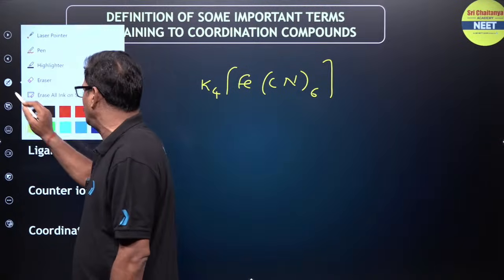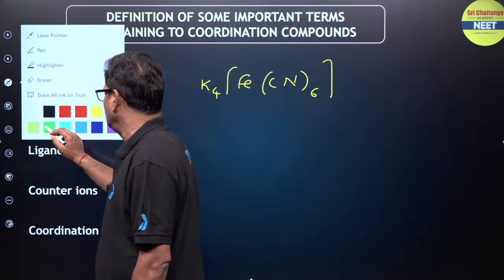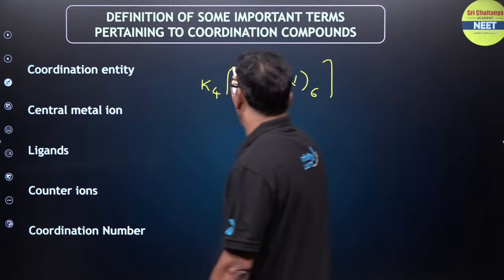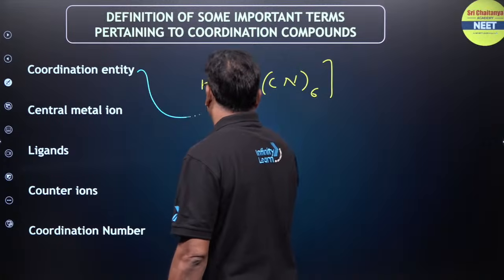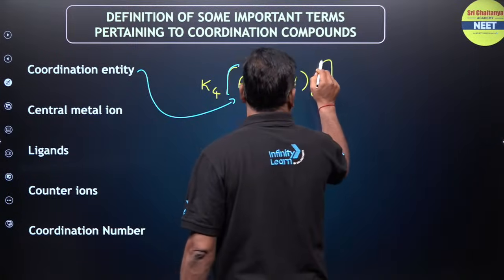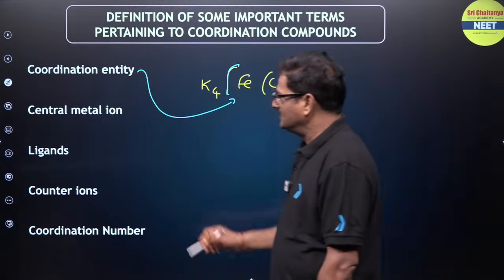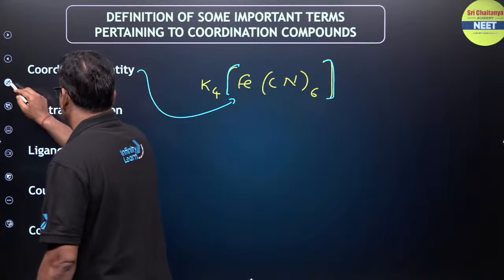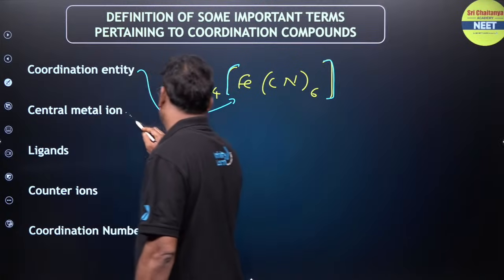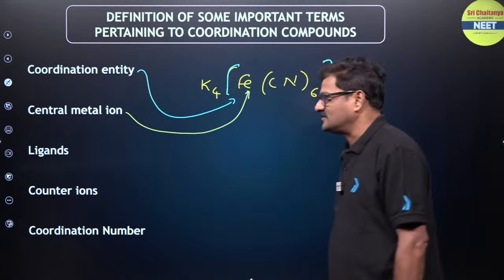Anything kept in the coordination sphere, anything you keep in this square bracket, is going to be the coordination entity. The d-block element present inside the square bracket is called the central atom.